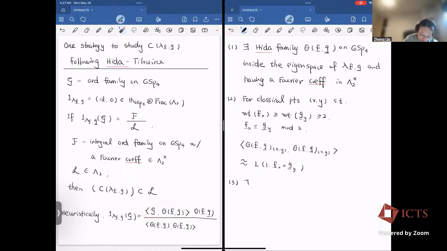So there exists a Klingen Eisenstein family, I call it curly E of h and η_K. Here h will be chosen to be a CM form on GL2, and η_K will be a character of an imaginary quadratic field.